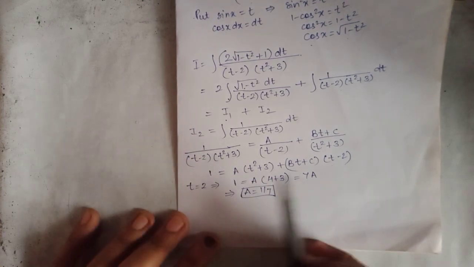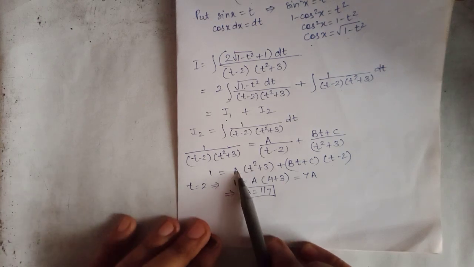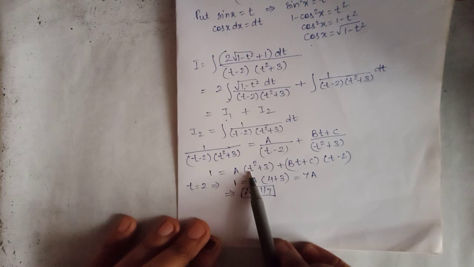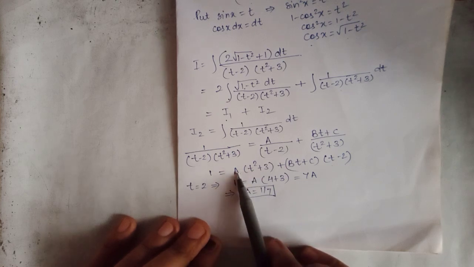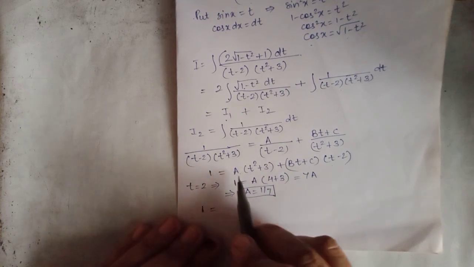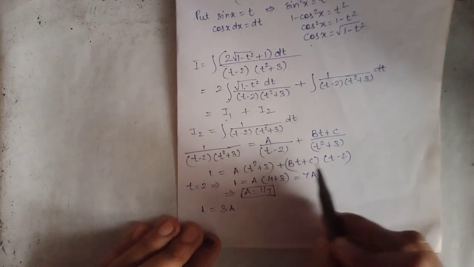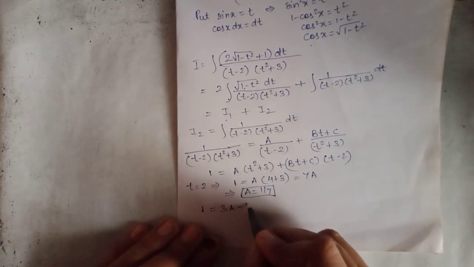Now we can compare the constants. The constant is 1, here it is 3a, and for this term the constant is minus 2c.